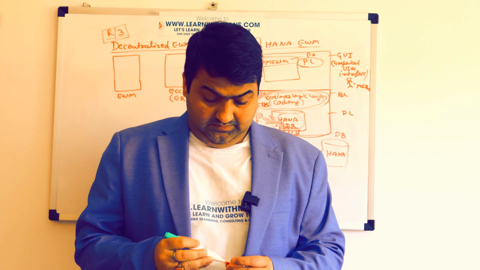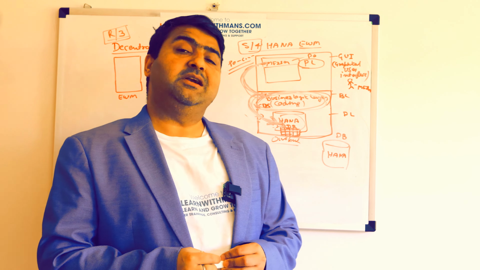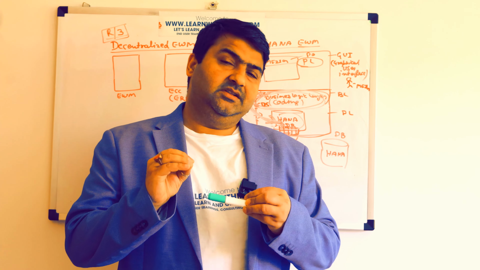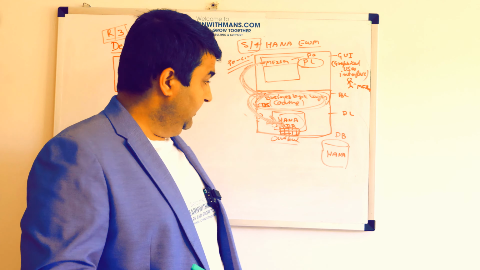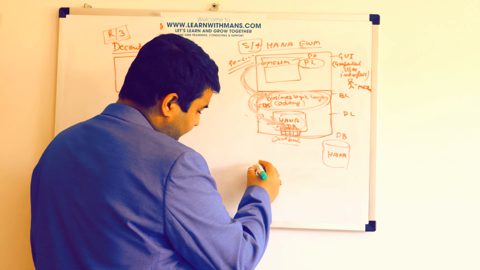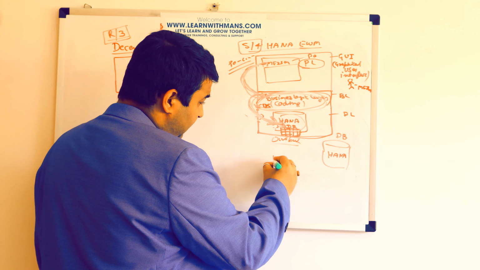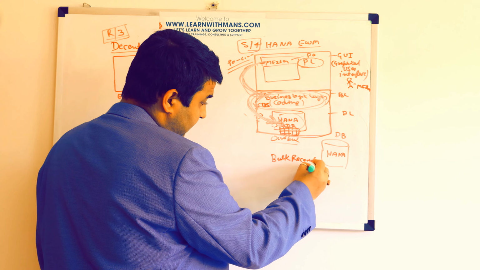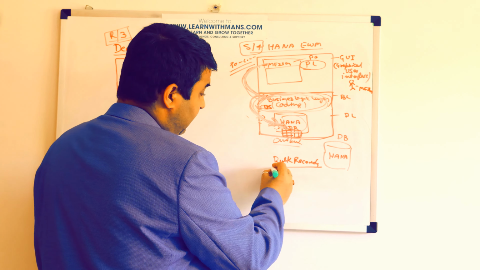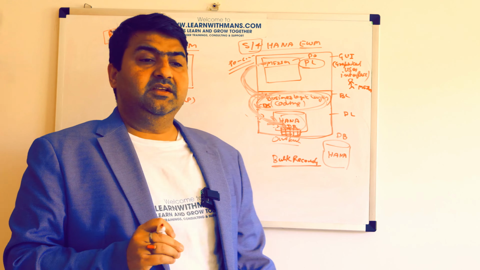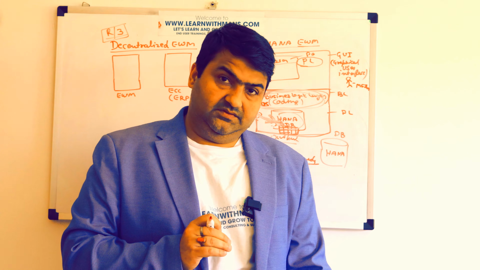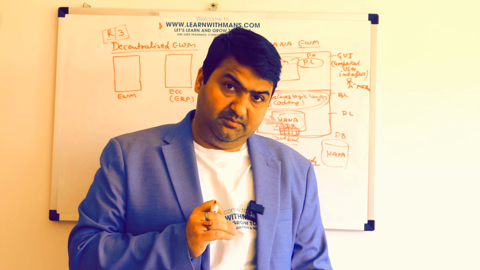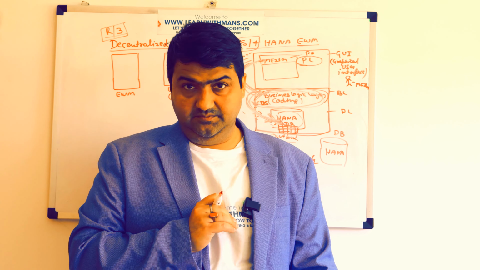Also, we have multiple types of associations. It's a very simple thing, but I will tell you one more example. Suppose we have bulk data, bulk records, for example thousands of records, and we are working on a business warehouse, SAP BW, S4HANA system.